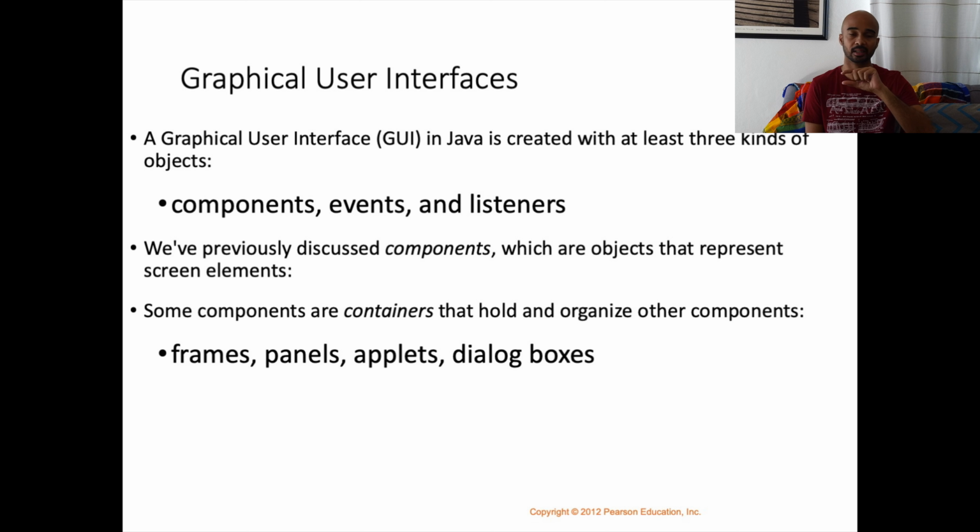A JButton is something that you can interact with, and so on. Now there are other things such as events that are fired whenever something happens, and there are listeners that listen for certain events. So this makes it a lot more interactive, and we'll go ahead and explore some of those other objects.